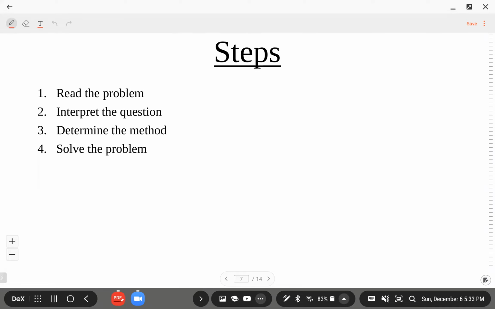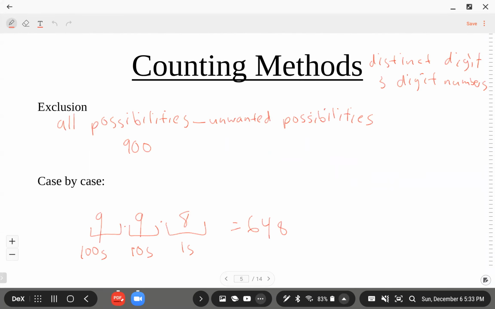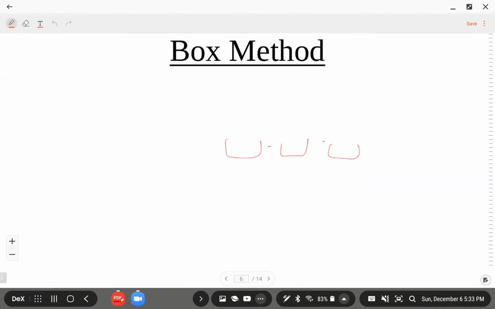First, read the problem one or two times and make sure you understand. Number two, interpret the question. What are they asking? Number three, and this is very important: I remember I was explaining exclusion and case by case with the distinct-digit three-digit numbers example, and I concluded that exclusion is not as efficient as case by case. So that is what you do here.